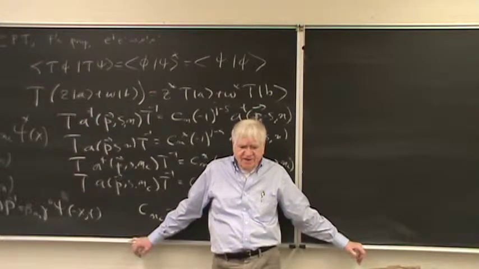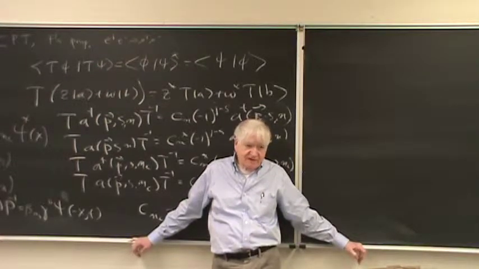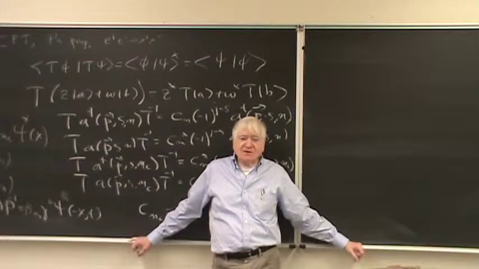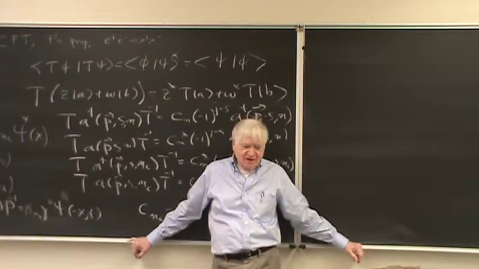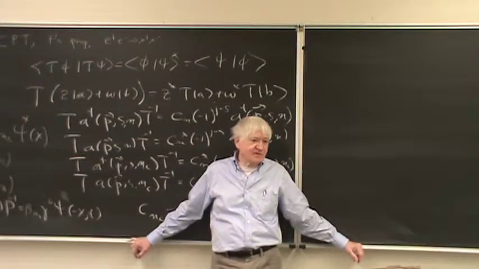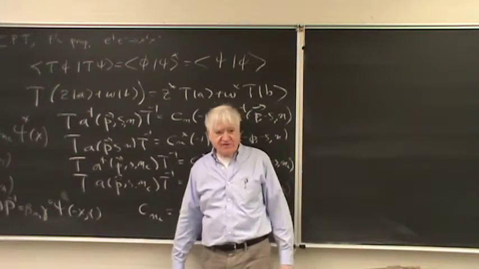And then they thought that CP was invariant, but about 10 years later, it was shown that CP was not invariant. We're still clinging to the belief that CPT is invariant, and that may or may not be true, because quantum field theory may not be the fundamental theory of nature.